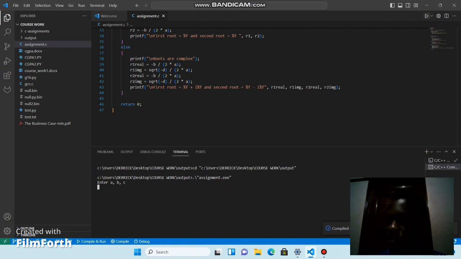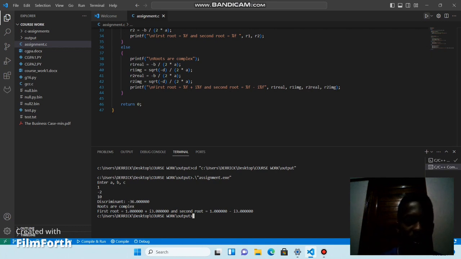Now we are going to input our coefficients. So you input 1, and after that you just press enter, and then you put a second coefficient in place of b, and then a third coefficient in place of c, which is 10, and then we enter.